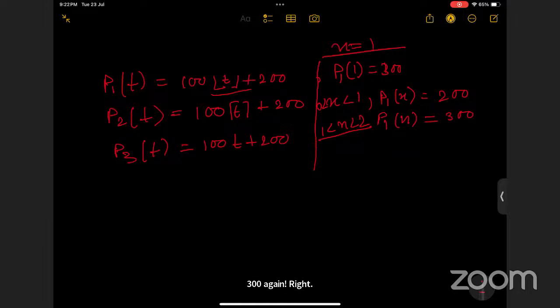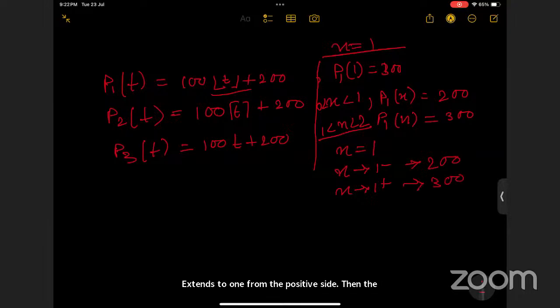So at x equals 1, if x tends to 1 from the negative side, then the limiting value will be 200, right? And if x tends to 1 from the positive side, then the limiting value will be 300, right? This is a constant function, so it will be directly the limiting value. So clearly the left-hand limit and right-hand limit are not equal.